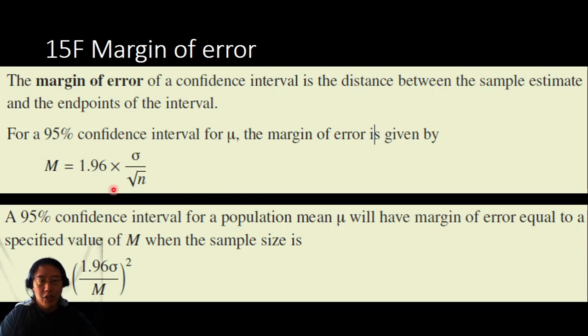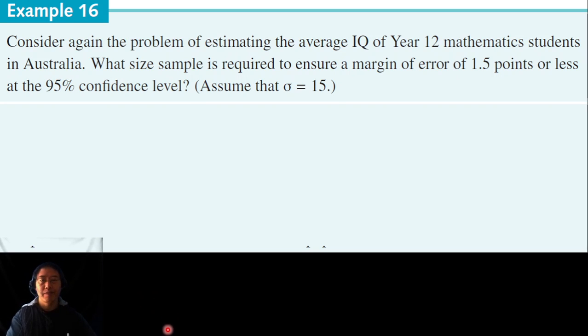If we rearrange that and simplify to make n the subject, we can determine the sample size required to get a 95% confidence interval.